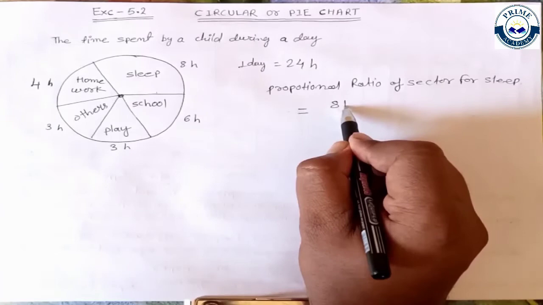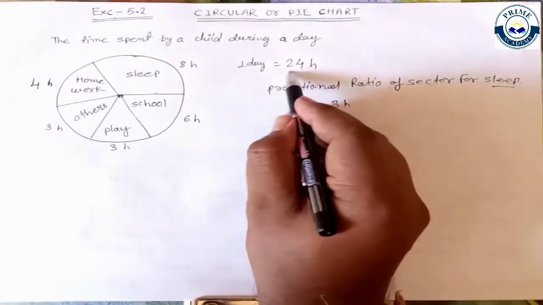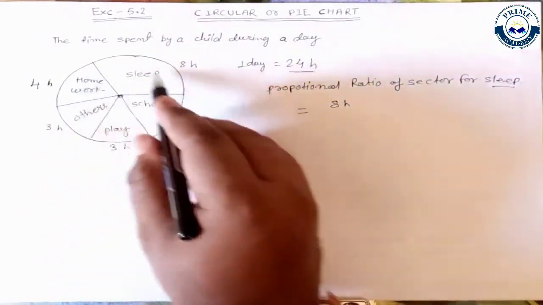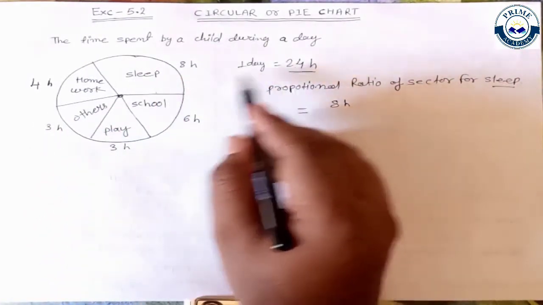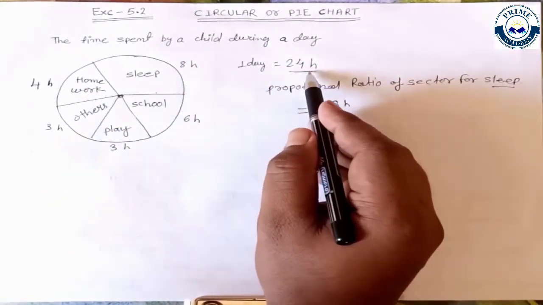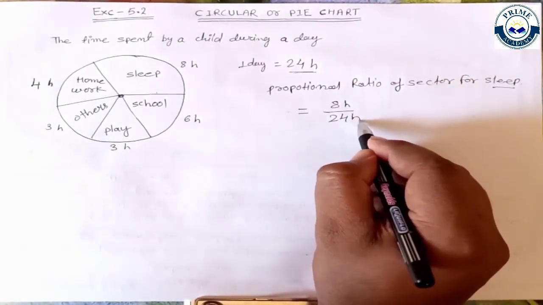This is 8 hours for sleep, he has spent 8 hours. Now the whole circle is completed in how much time? 24 hours. The whole circle is completed in 24 hours, so you just divide it by 24 hours.